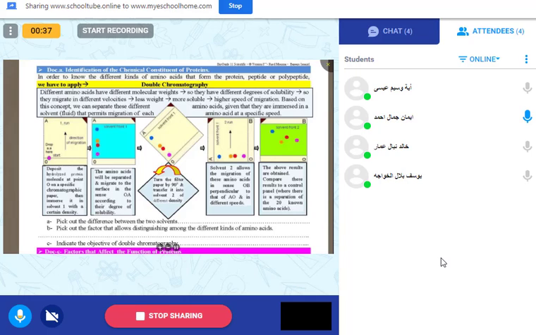You bring a solvent, a liquid, that will dissolve these amino acids, and the amino acids will move inside this liquid at different speeds. Because they move at different speeds, I can detect how many amino acids I have. This is the idea of chromatography.